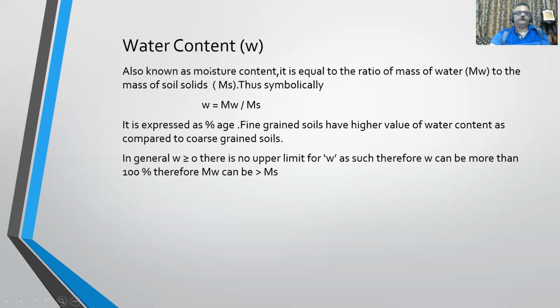Now water content. Water content is denoted by w, also known as moisture content. It is equal to the ratio of mass of water to the mass of solids. So see, what is the symbol of mass of water and mass of solids? So this is the formula.